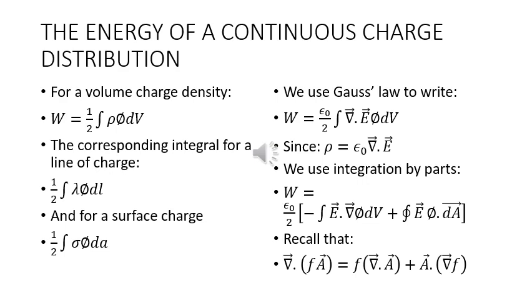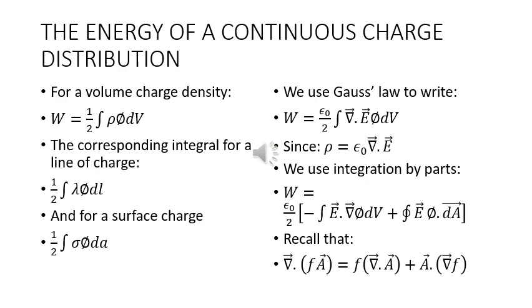We use Gauss's law to write W equals epsilon naught by 2 integral divergence of E phi dV, since rho is epsilon naught divergence of E. Integration by parts gives us epsilon naught by 2 open brackets minus integral E dot grad phi dV plus closed integral E phi dA.